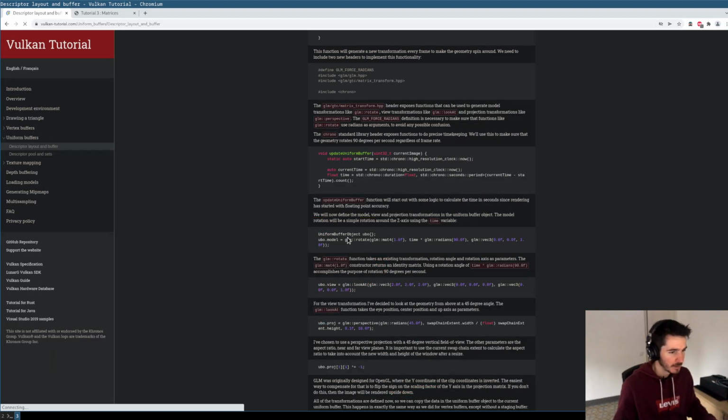So they are using this GLM rotate, which takes a matrix 4 with all ones, an existing transformation, rotation angle, and rotation axis as parameters. The first one returns an identity matrix, and for the angle, we pass in GLM radians multiplied by time.